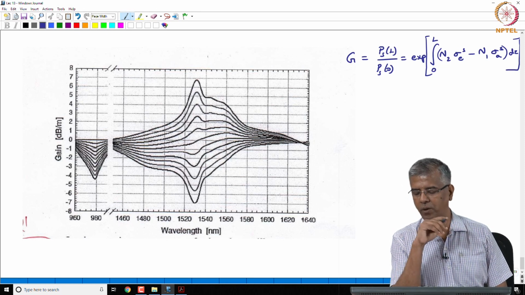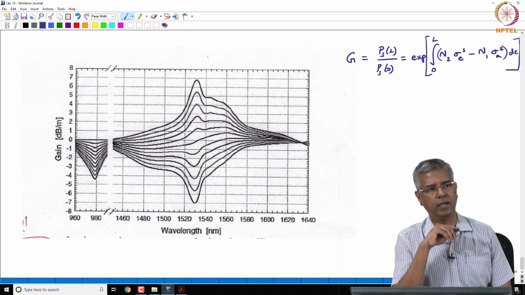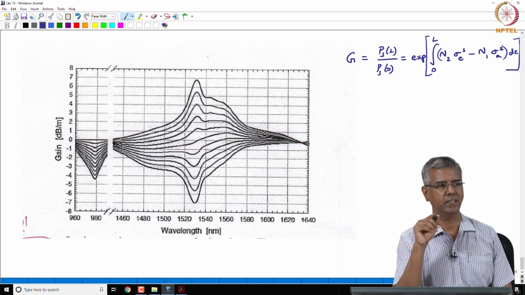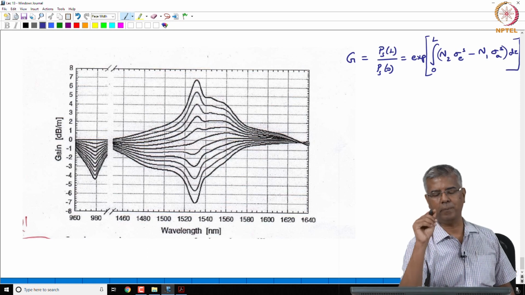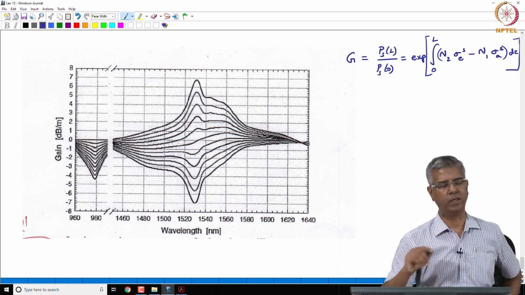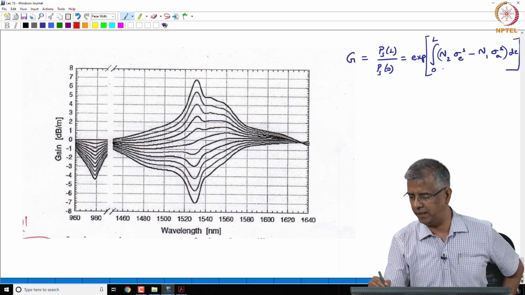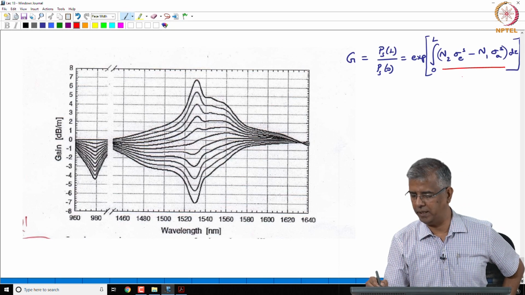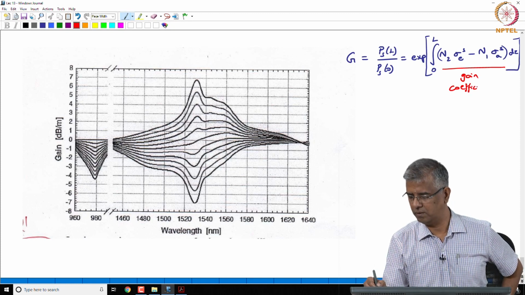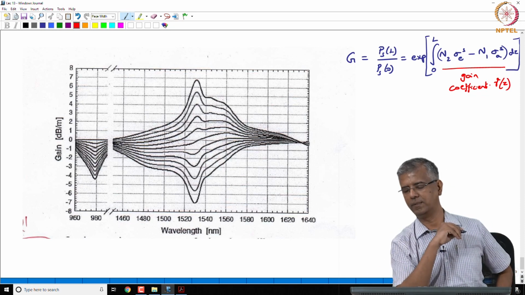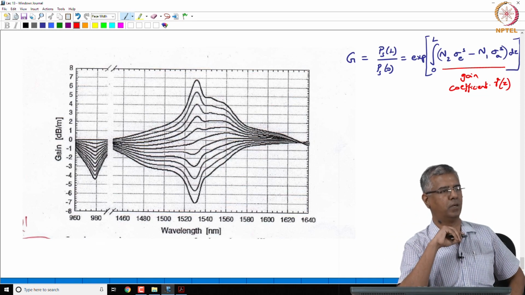So, if I want to have a gain coefficient, right, a gain coefficient at any particular point, this would be my gain coefficient. This entire thing now is my gain coefficient, which we previously said corresponds to gamma of z.